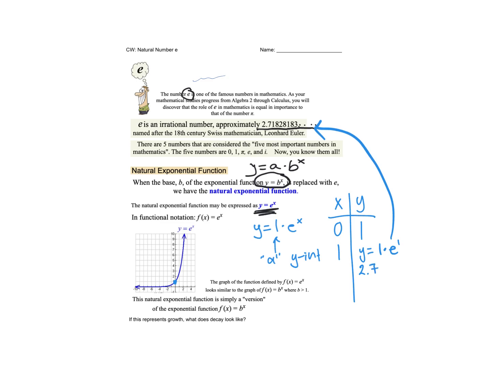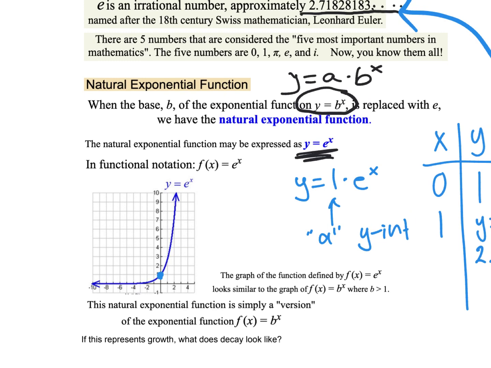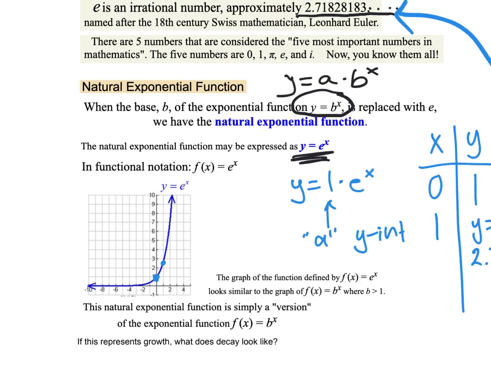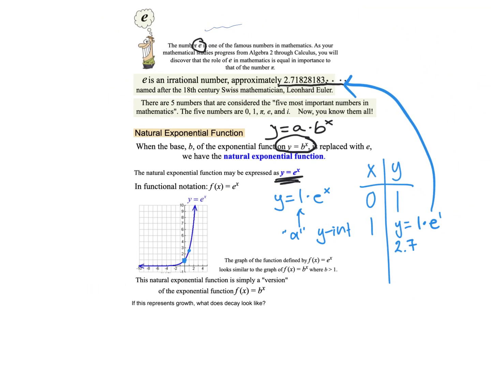So when we have 1 as our x, our e is 2.7-ish. There you go. Okay? So that's just an introduction to how to graph e, as an exponential function where e is our base. And this represents a growth function, because our base is greater than 1.